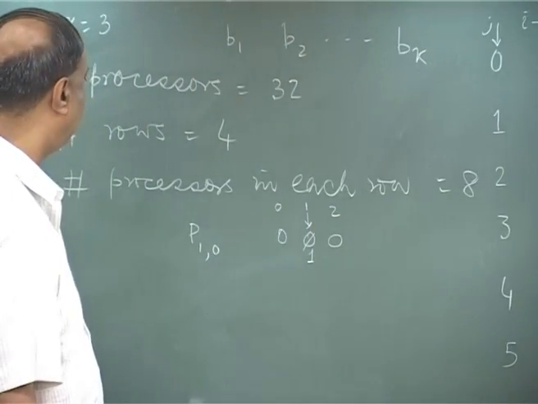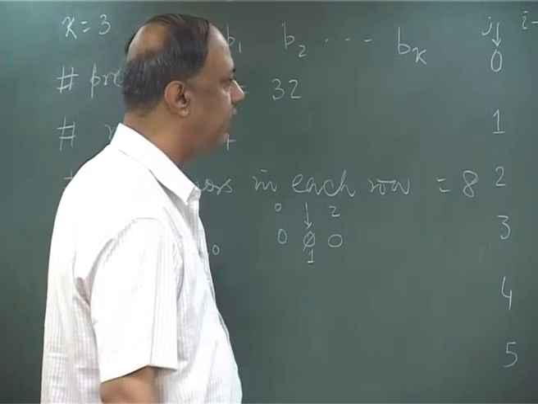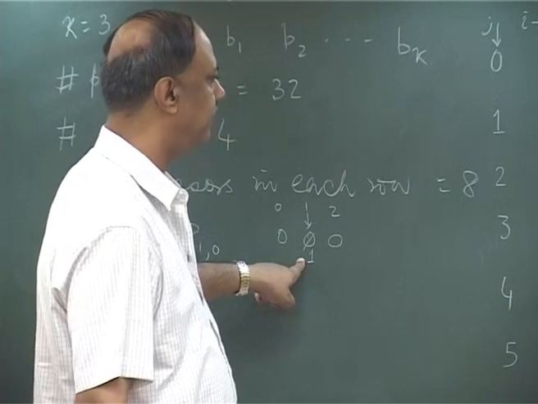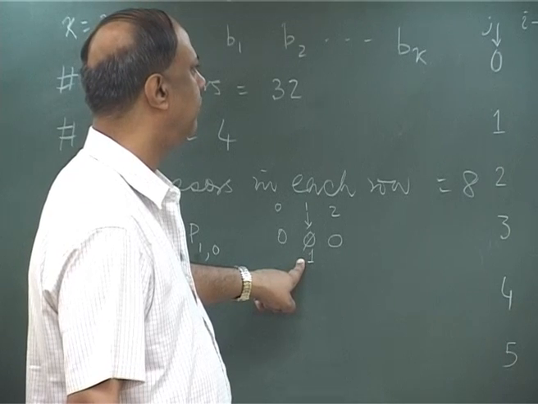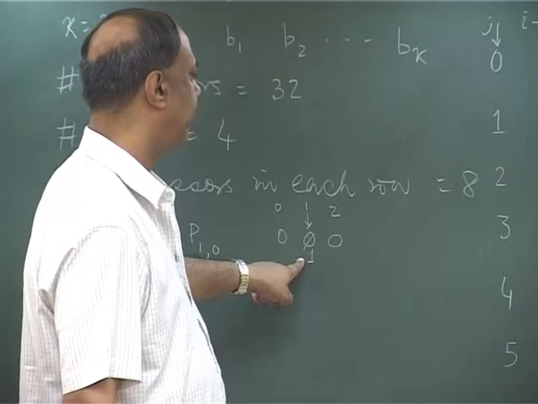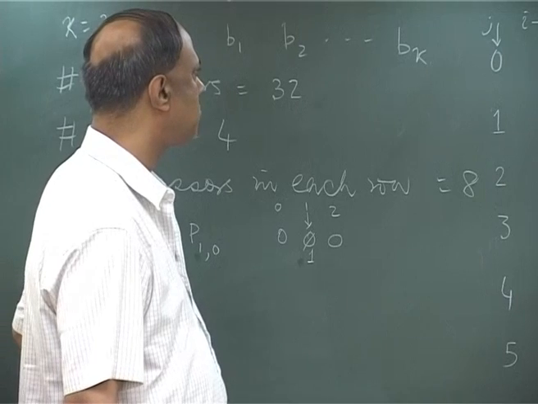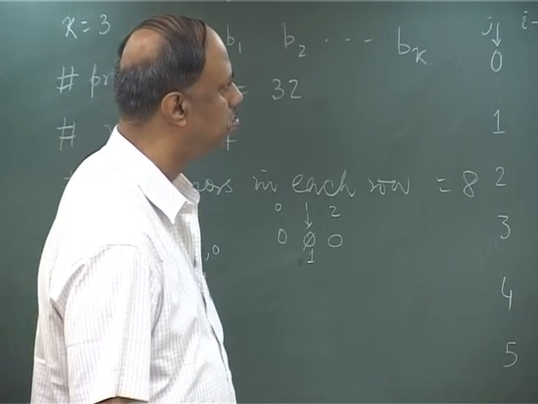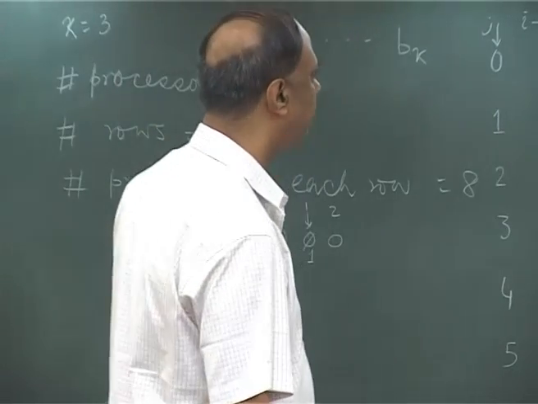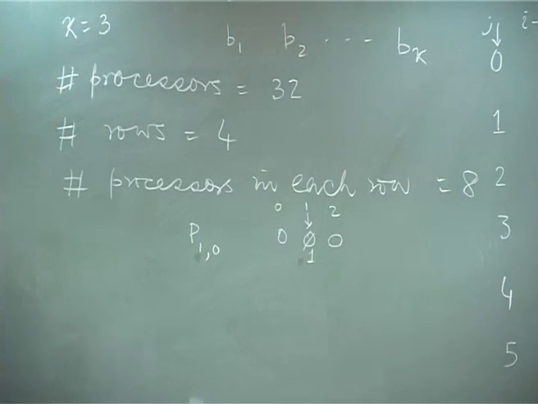So you are replacing the ith MSB, and P10 will be connected to P02. The first one is ith, then i minus 1.